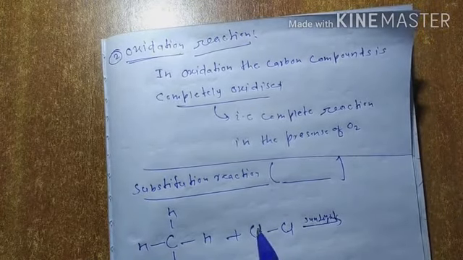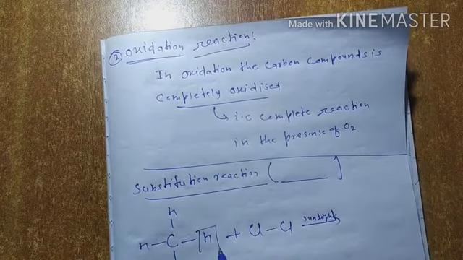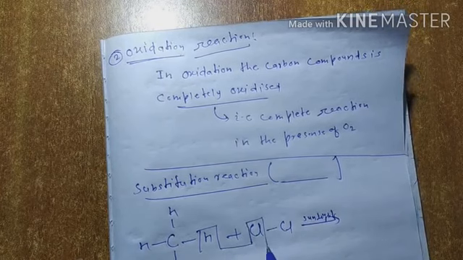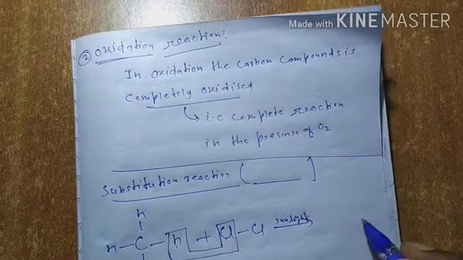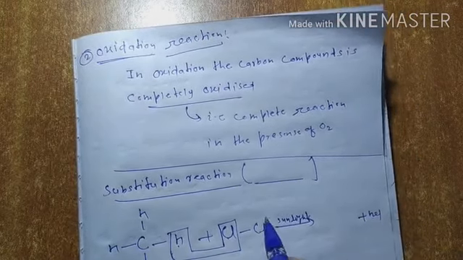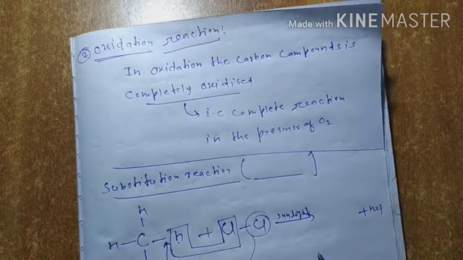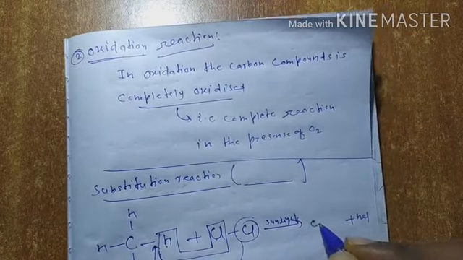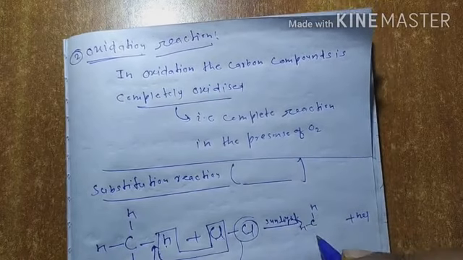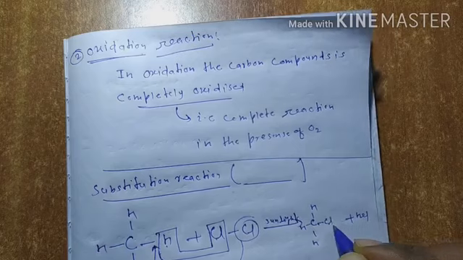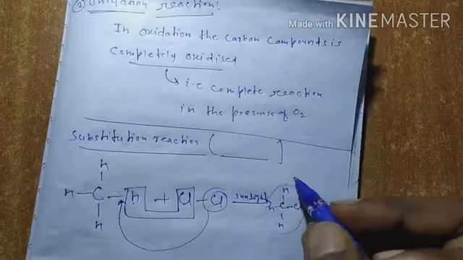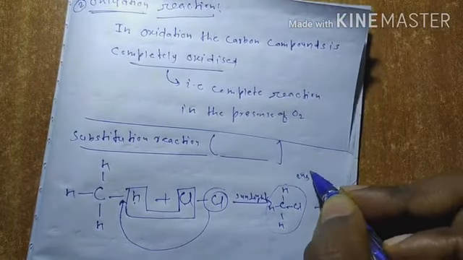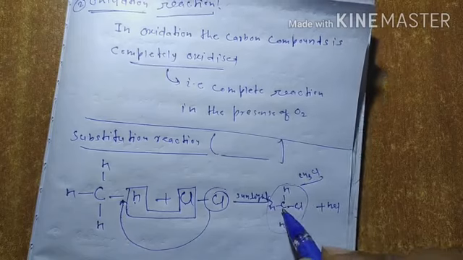In the first step, this hydrogen reacts with this chlorine, so HCl will form, and this chlorine atom attaches to the carbon atom. So we can say C with H, H, H, and Cl, plus HCl. In condensed form you can write CH3Cl. This one and this one both are the same.